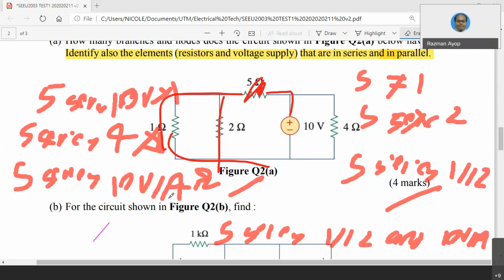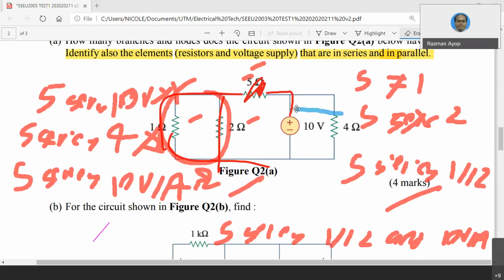You cannot just say only one component, because 5 and 1 are not in series, and 5 and 2 are not in series, but together it is in series. So be careful. I cannot teach this too much because it is more practical. You have to practice determining series and parallel circuits. I just wanted to clarify because I was a bit confused. Yeah, this topic is simple but hard to understand.